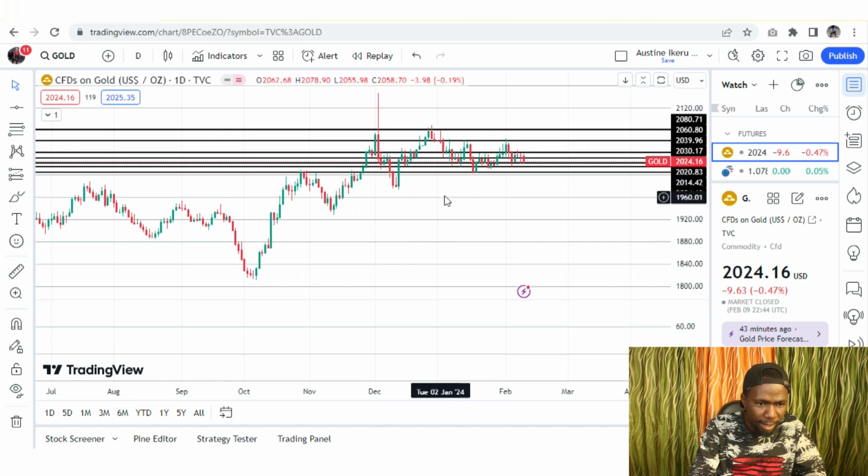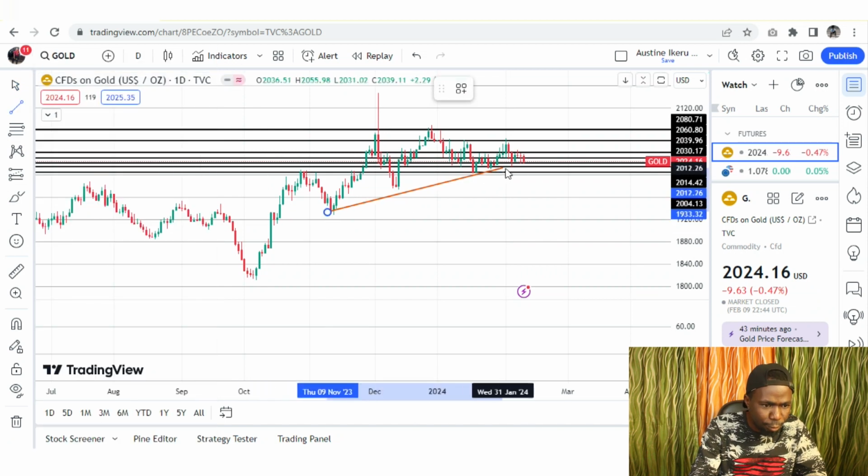So we're waiting for the market to break above this high for the uptrend to continue, or break below this low for a downtrend to continue. What we'll do is use our trend line to confirm to us that the market is clearly trending up at the higher time frame, which is the daily time frame.